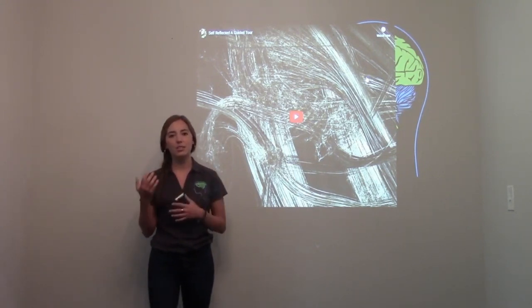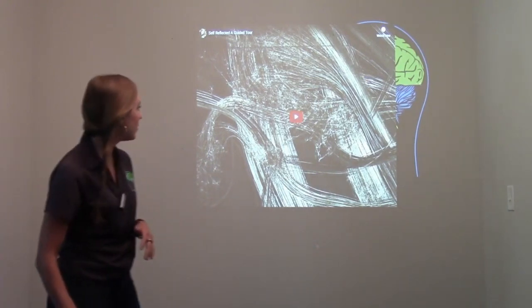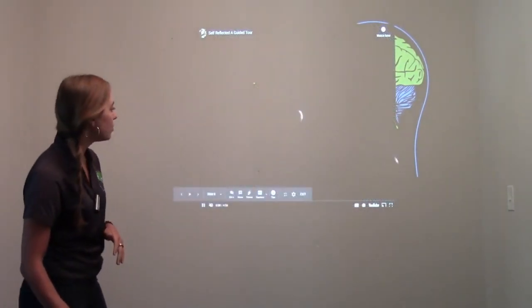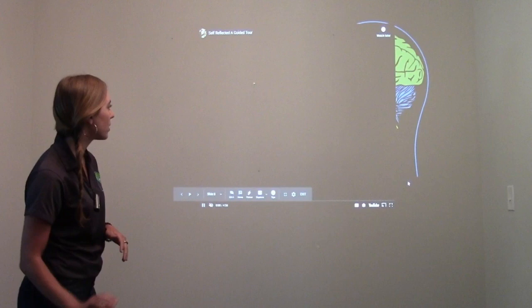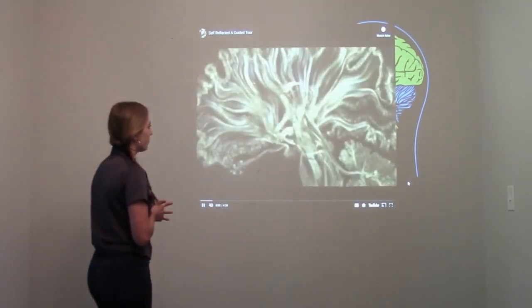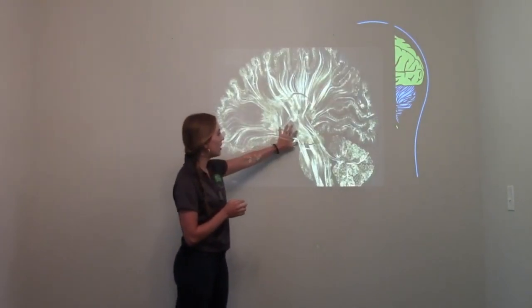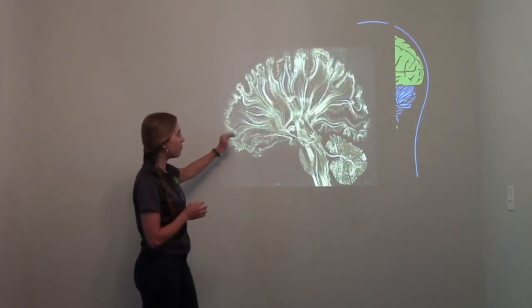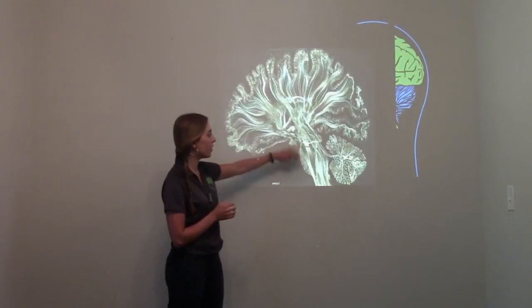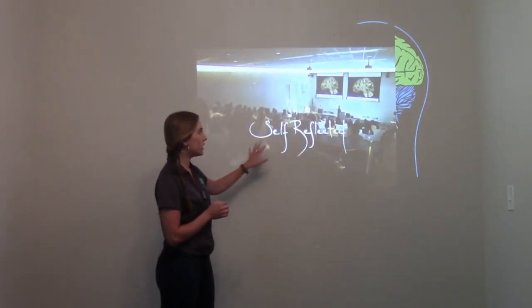So really just keep that in mind. I don't want you guys to get too simplistic when we're thinking about our brain. So as you can see, it's communicating from all pathways in between. Information is going back and forth, up and down through all areas of our brain.